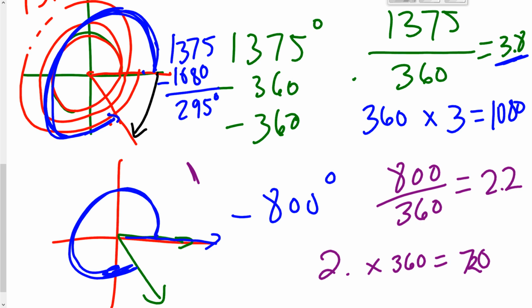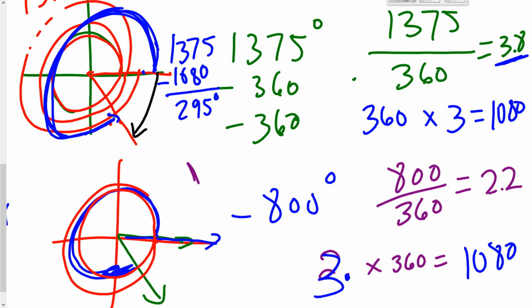Here, instead of going down, let's raise this 2.2 up to 3. If we raise it up to 3, then we would complete at 1080, kind of like the last one. So instead of rotating 1, 2, and then 80, we're going to finish this third rotation.